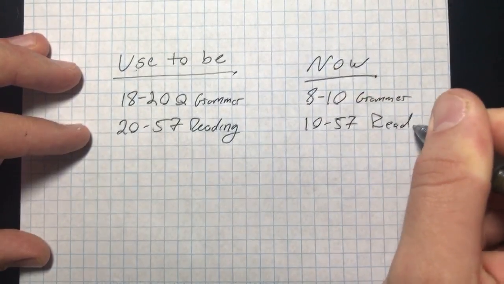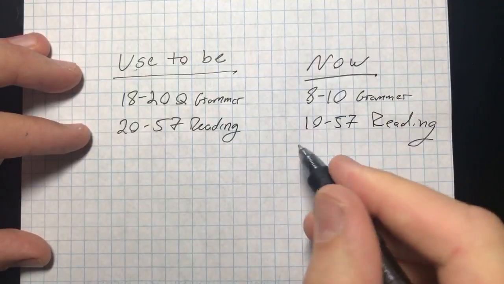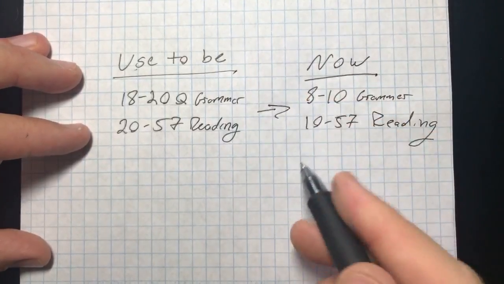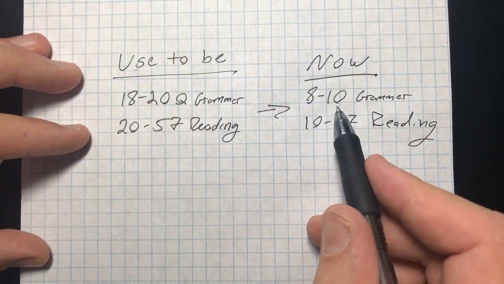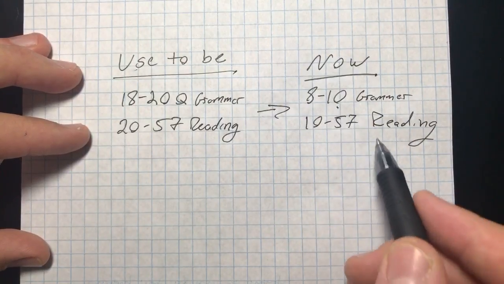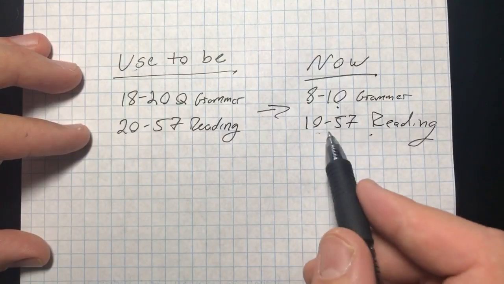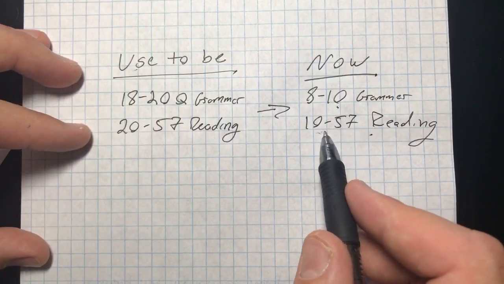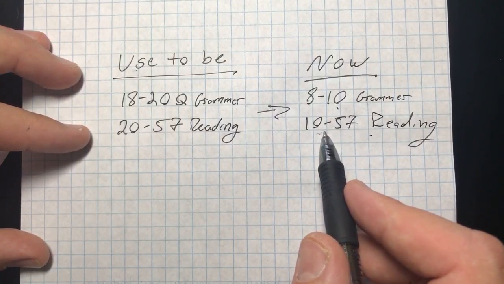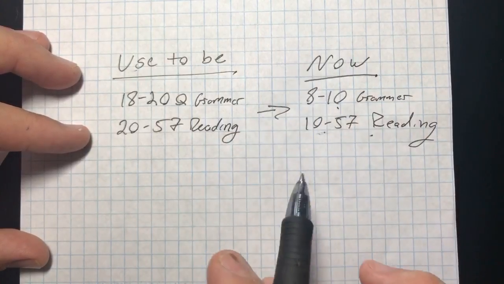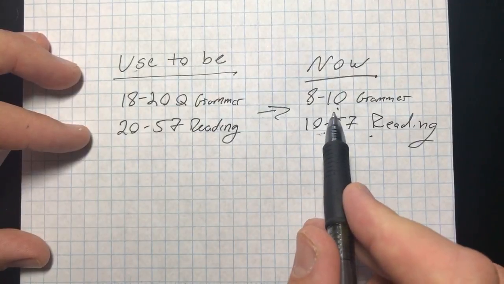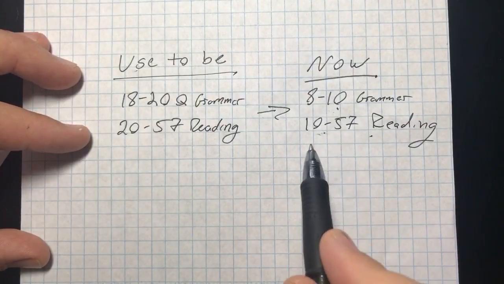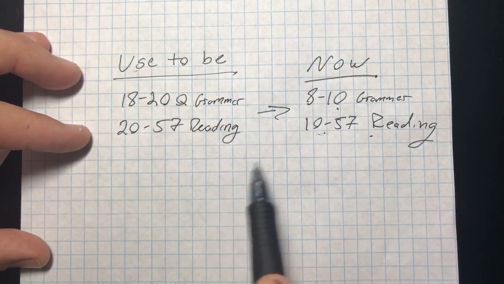So what they did, bros, is they got rid of half of the grammar questions, right? And they changed it by adding another reading comprehension passage. So 9 to 11, they said, but I would be shocked if they go past 10, just by my personal experience.